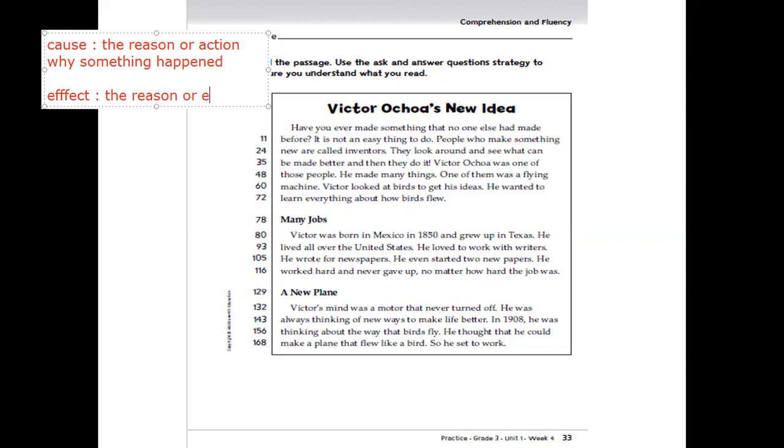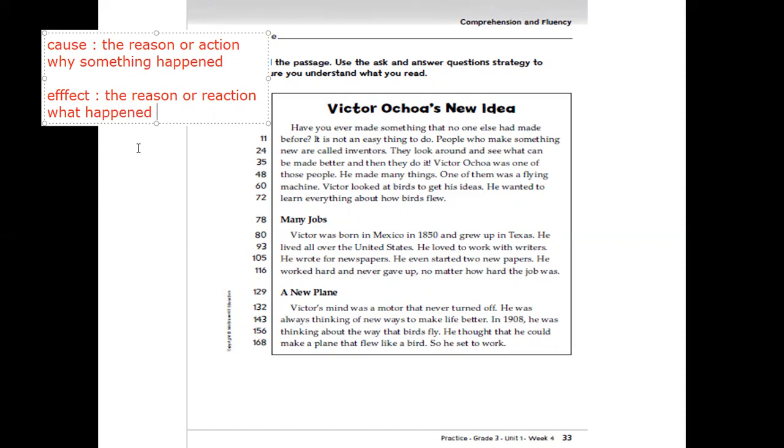The reason or reaction. So we have action and reaction. Why something happened and what happened. So the cause is why something happened. The effect is what happened.